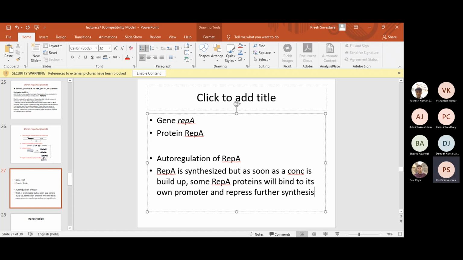Is it clear? So this is called auto-regulation of RepA. RepA is synthesized, but as soon as a concentration is built up, for example 10 to 20 molecules, in some cases it is 8 to 10 molecules, it varies from plasmid to plasmid. It's different for the E. coli chromosome as well. The moment some concentration is built up, some of the molecules will go and bind to its own promoter and repress any further synthesis of RepA. So this is called auto-regulation of RepA.